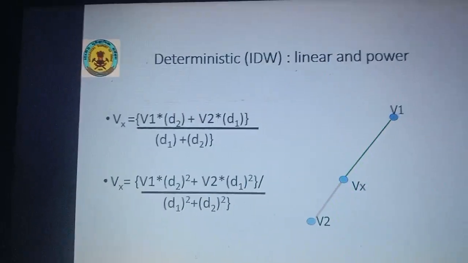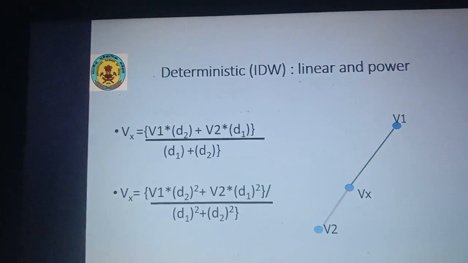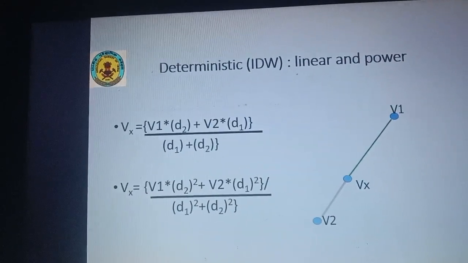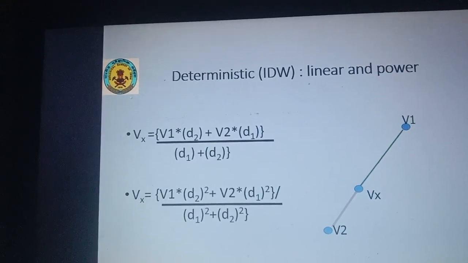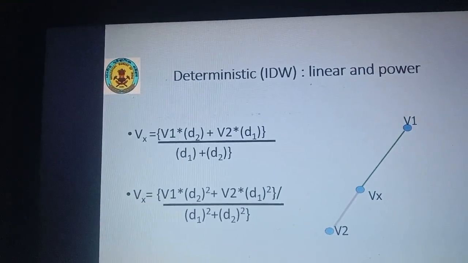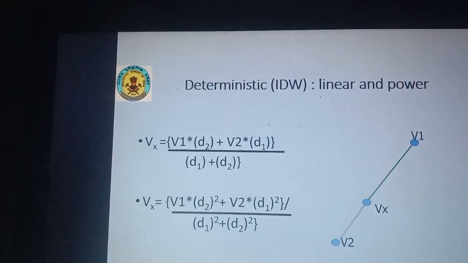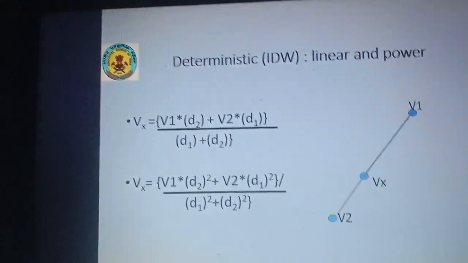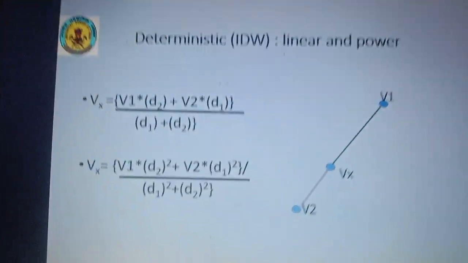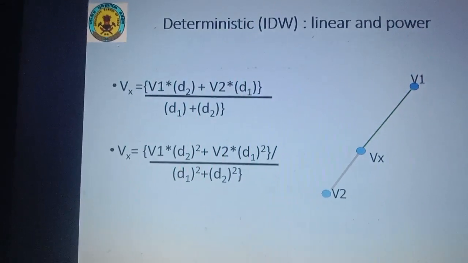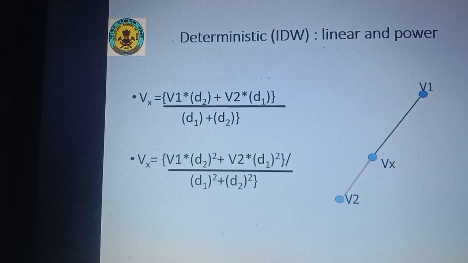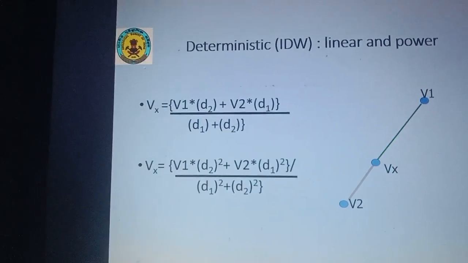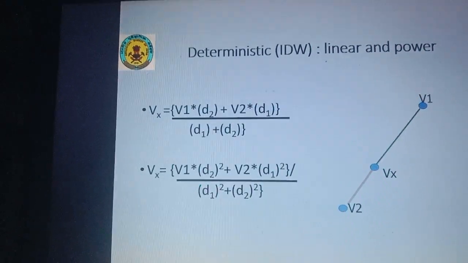So these are the very fundamentals of IDW in a very linear type of interpolation, which we used to do before computerization started. In our college days, we used to use this type of interpolation. We never thought of the complex mathematics behind it, but we used to do it.